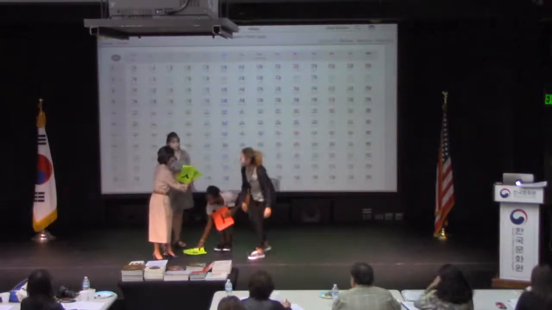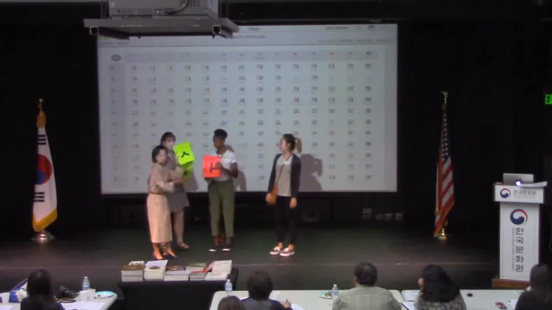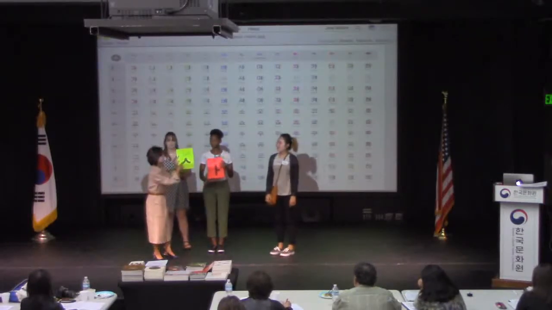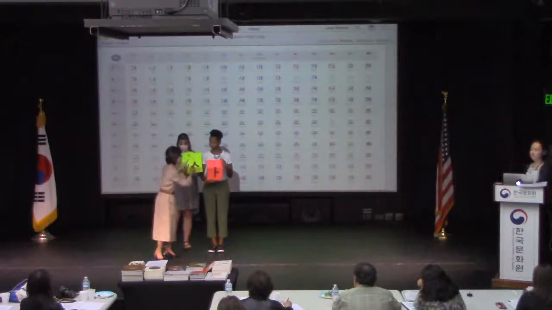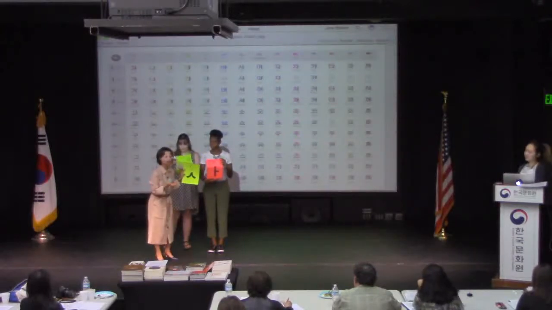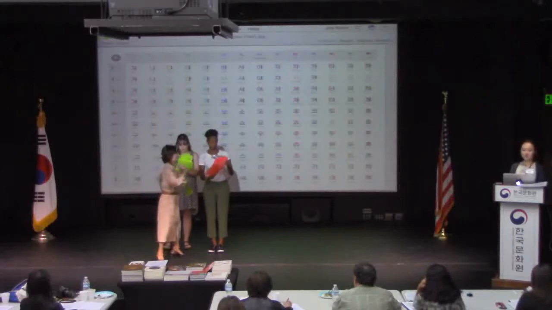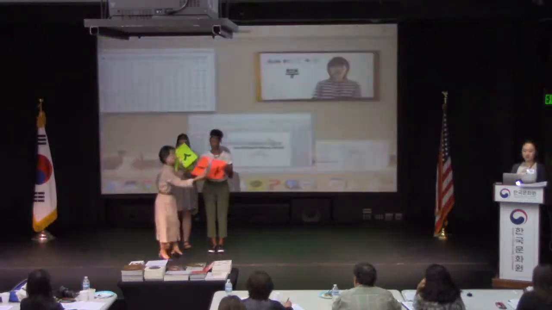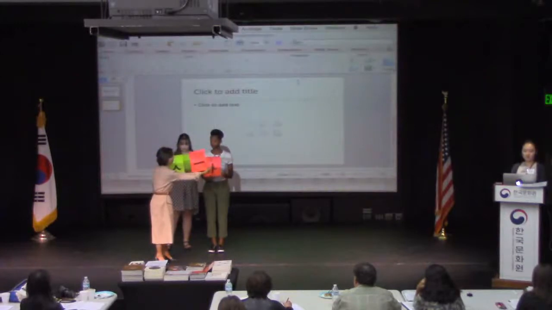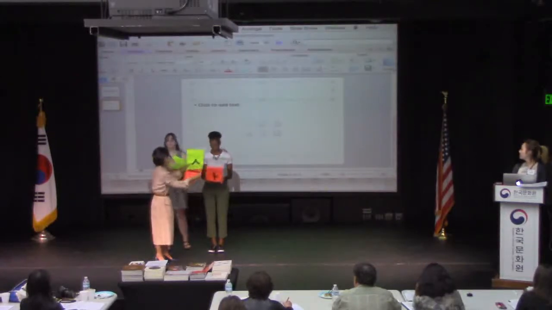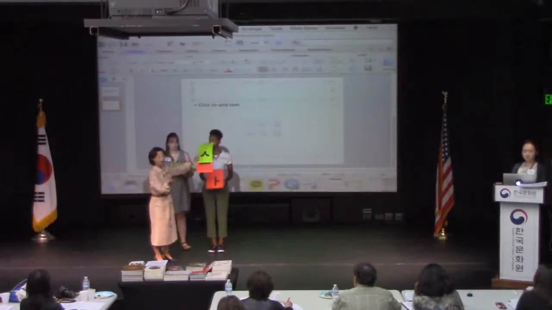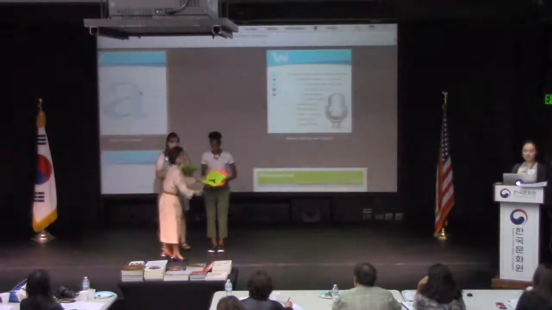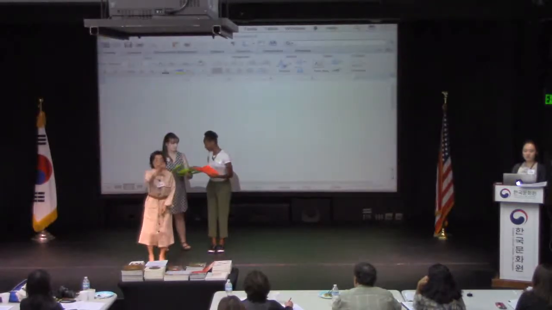Should it be right side or bottom? Bottom. Left. We don't have a V sound.